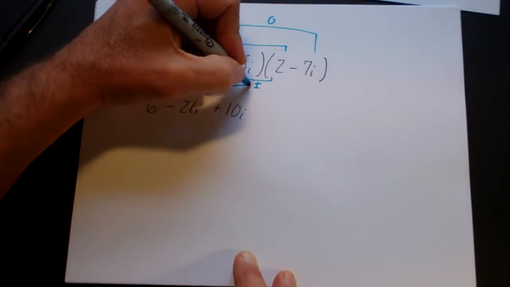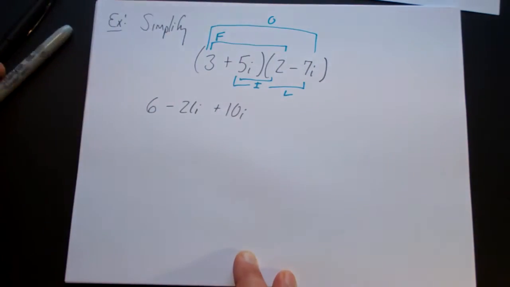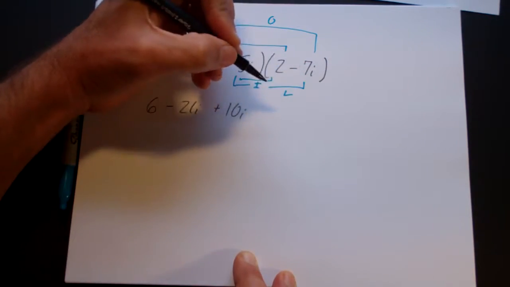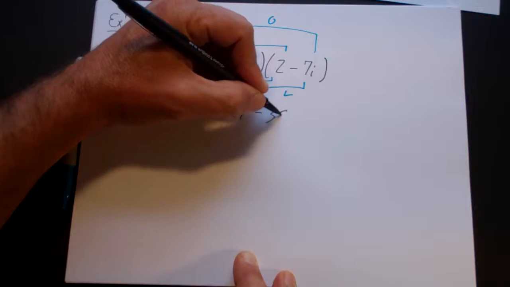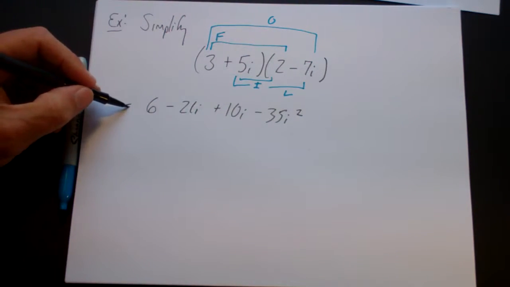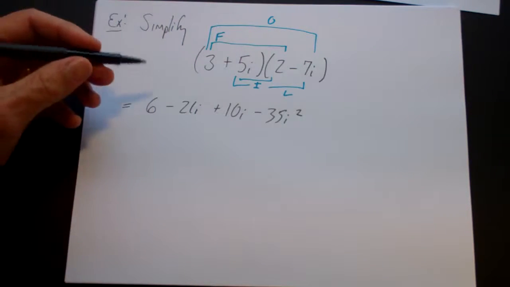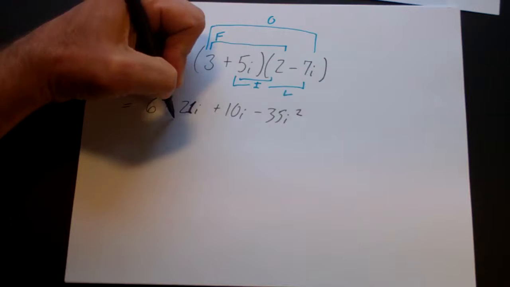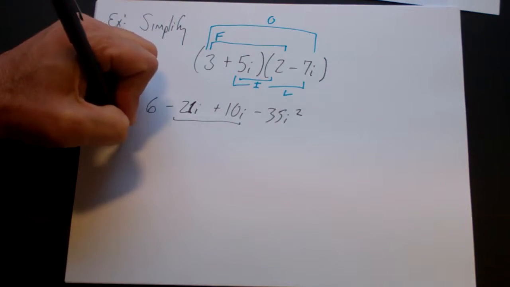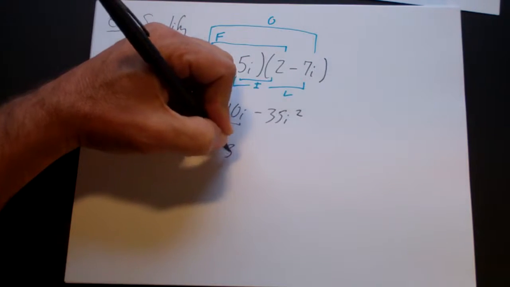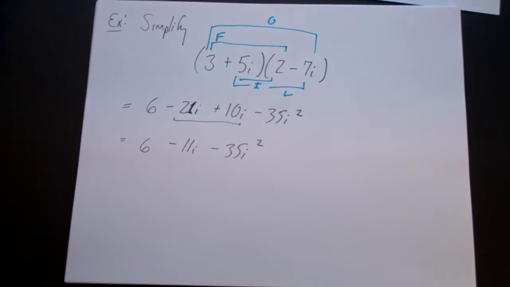And lastly, you have the last one, L. So that's 5i times minus 7i, which is a minus 35i squared. I'm going to keep treating these like they're variables. If these were like variables, this is minus 21i and 10i. You combine those two to be a minus 11i, minus 35i squared.